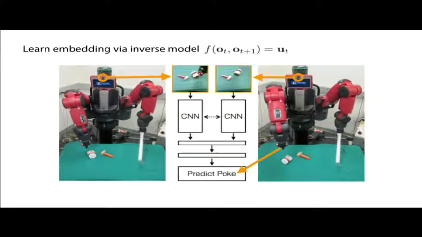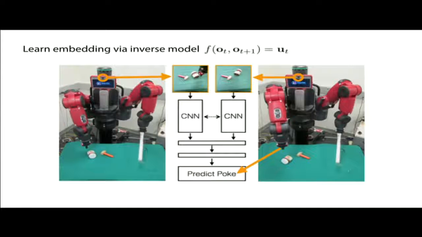The outputs of those neural networks are then concatenated together and passed through a fully connected network to predict the action that was taken. In this case, the action is the poke. What they're predicting is where they initialized the poke and what direction they moved for that poke, so it's a fairly low dimensional action.